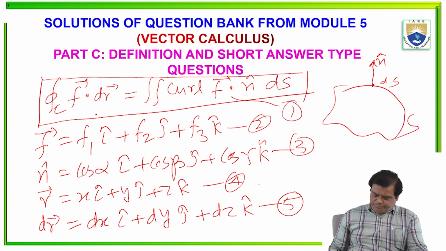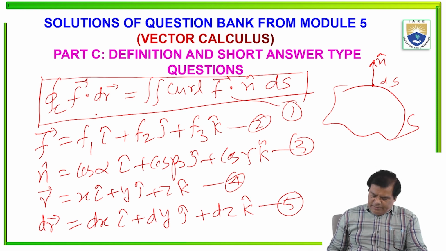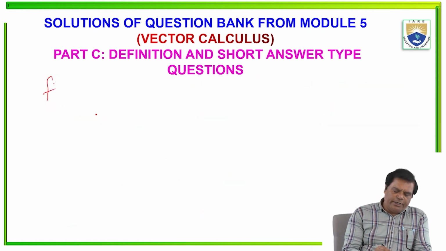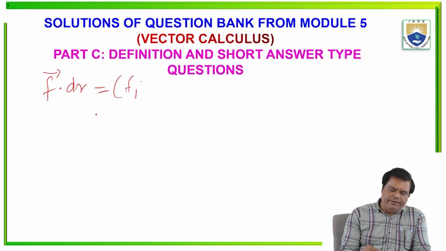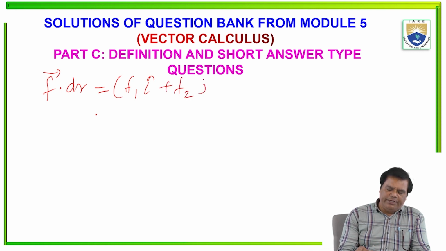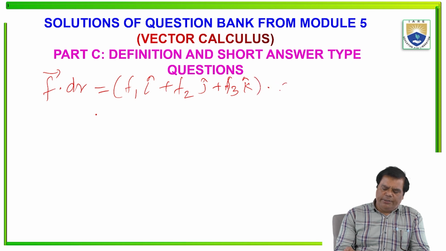So now, first of all, finding f vector dot dr vector. So this equals f1 i plus f2 j plus f3 k dot dx i plus dy j plus dz k.